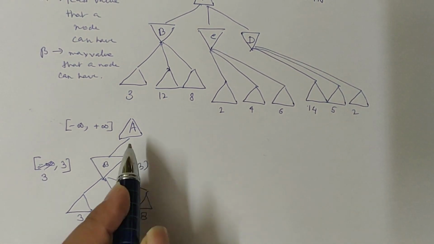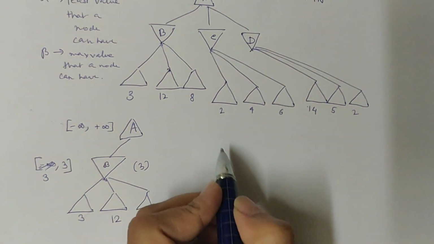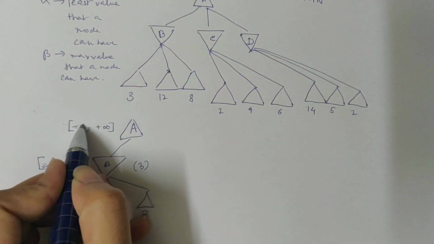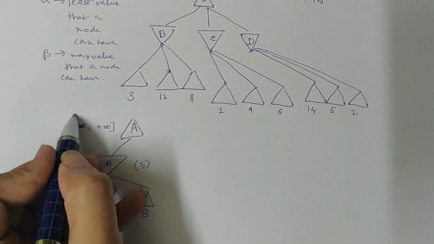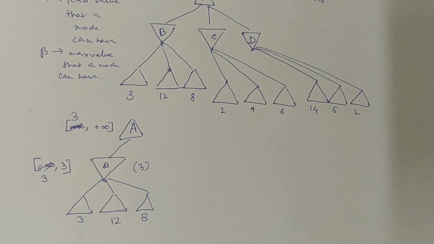What is the at least parameter for A? The alpha. So now the alpha value for A becomes 3, right?